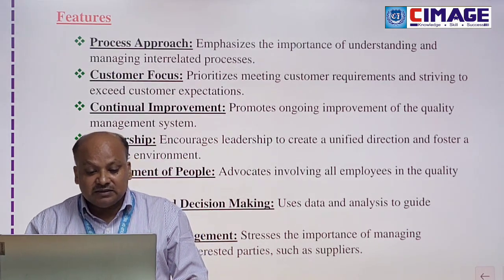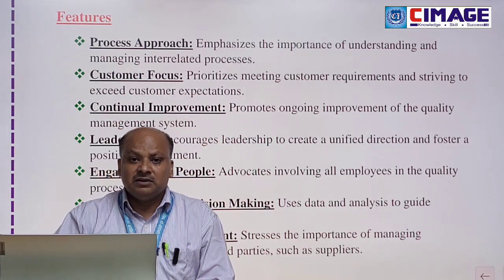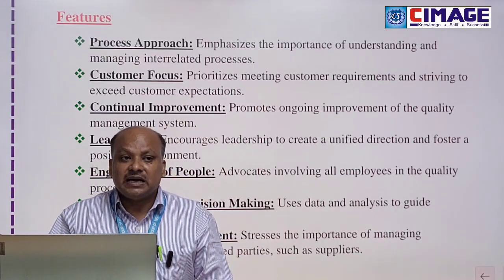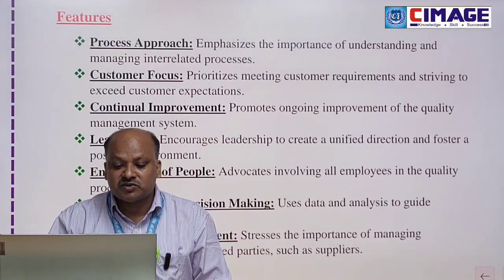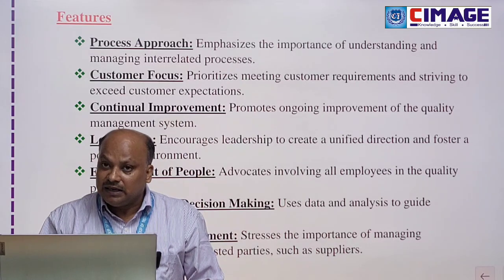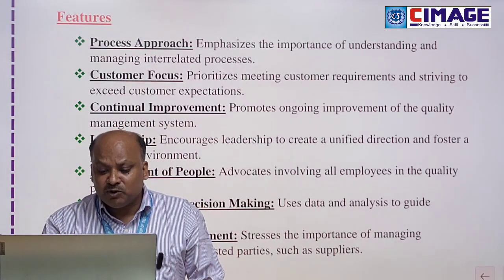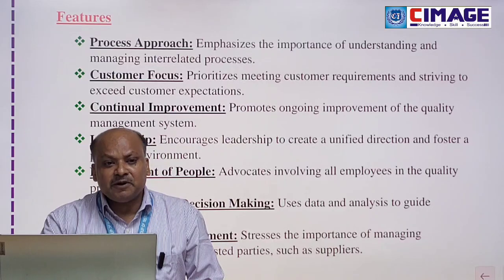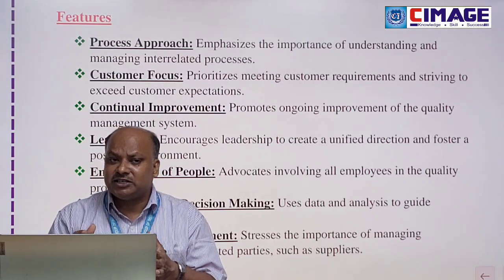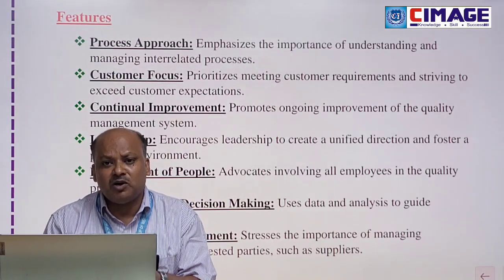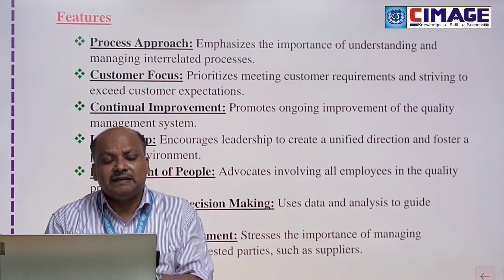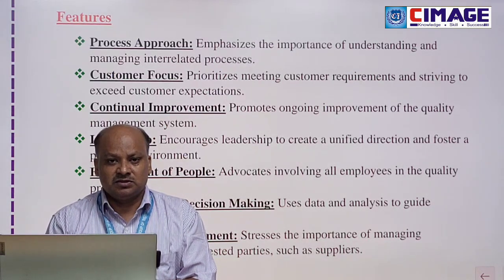Another is engagement of people. One should ensure that people are engaged along with their involvement; it advocates involving all employees in the quality process. So for example, if many employees are working in an organization, then each and every employee should think about the quality things.